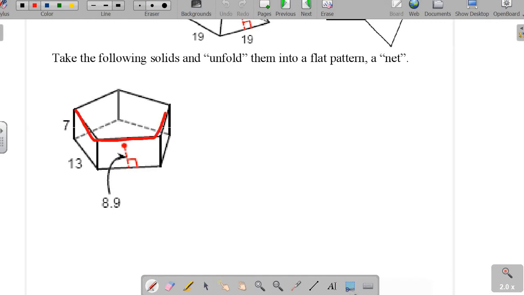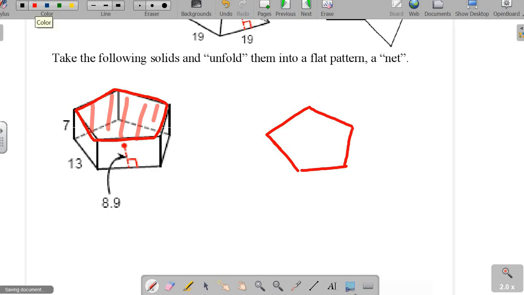So, for example, if I were to start with the base, and I'm going to draw just that. And we're drawing it as if it's a flat piece of paper. And I'm going to get my dimensions on there, which I have. That's 13.